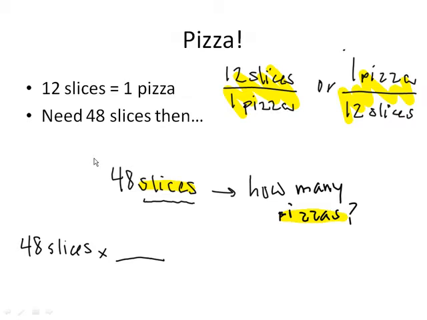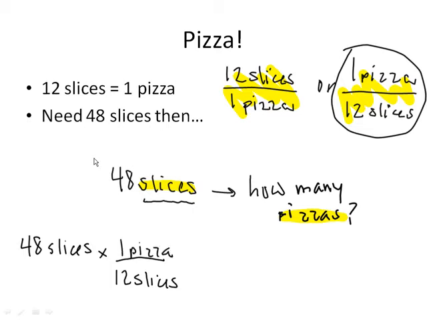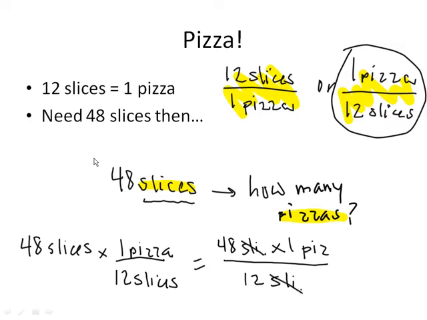So over here, I have a ratio that has slices in the denominator, which means that if I put 12 slices down here to one pizza, when I multiply this out, it's the same as saying 48 slices, I'm just going to start abbreviating, times one pizza divided by 12 slices. So what happens to slices? Well, it cancels, right? Because slices divided by slices is 1, leaving me with the unit of pizzas, which is what I wanted.